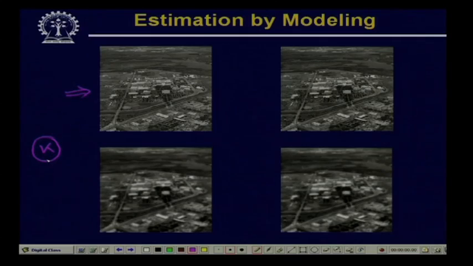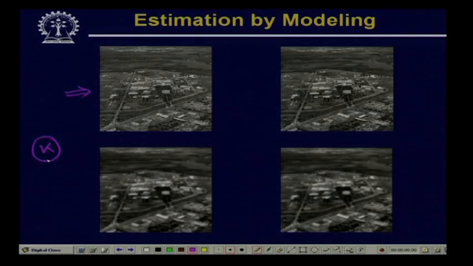A low value of k indicates the disturbance is very low. Similarly, a higher value of k indicates that the disturbance is very high. So, this image has been obtained with a very low value of k, this image with a very high value of k, and this image with a medium value of k. So, you find how the degradation of the original image changes depending upon the value of k.